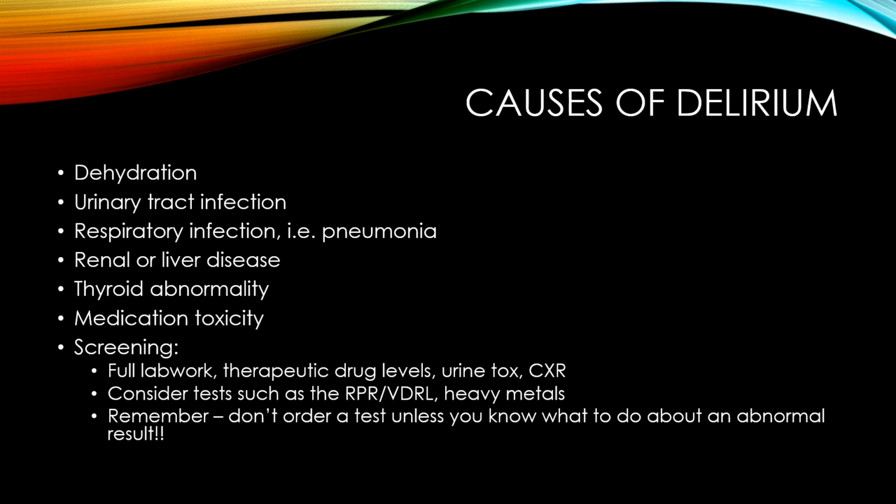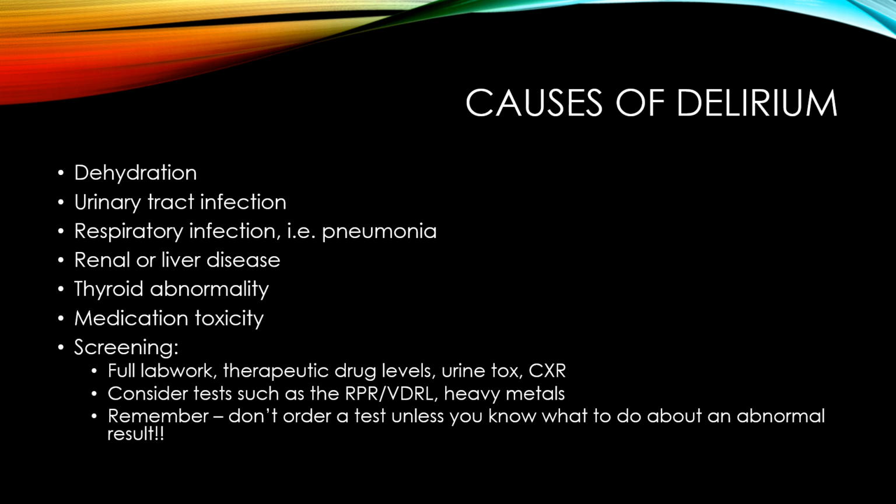Causes for delirium are dehydration, urinary tract infections, especially in the elderly, right? A respiratory infection like pneumonia, renal or liver disease. I've seen that before. Thyroid abnormality and medication toxicity can also cause delirium.